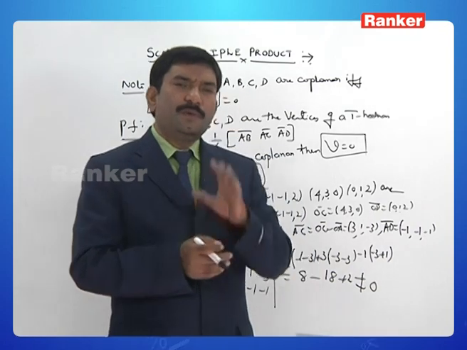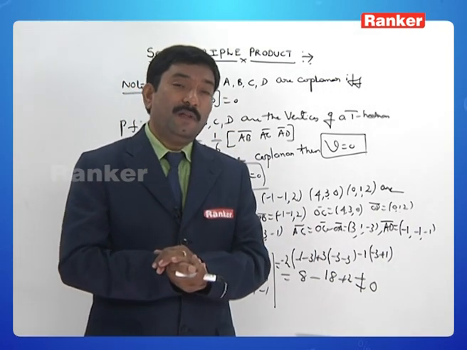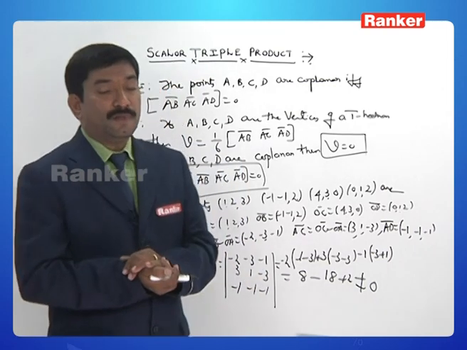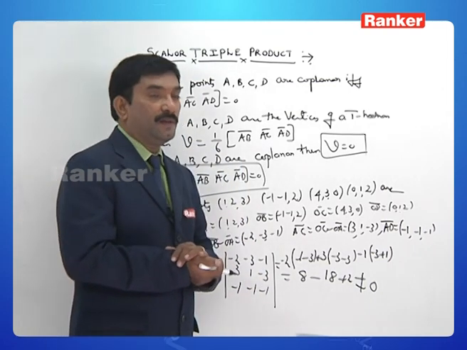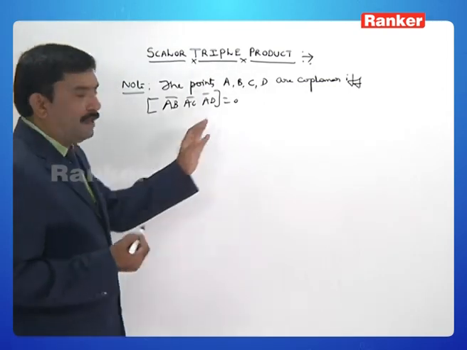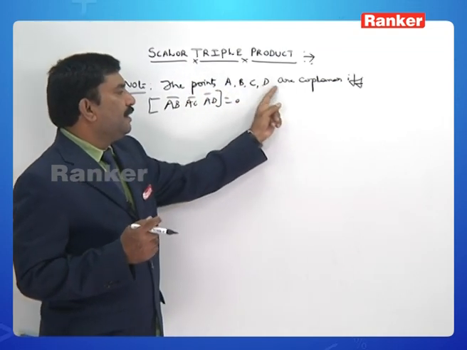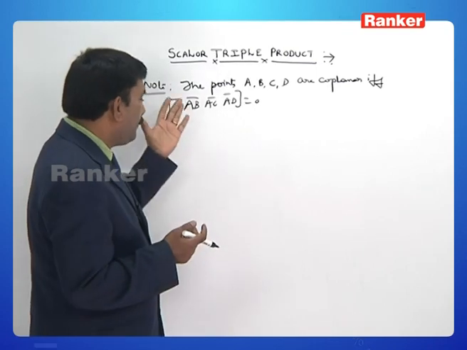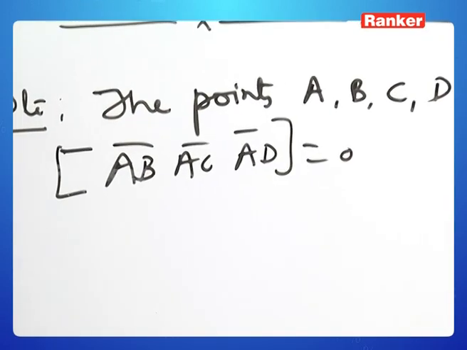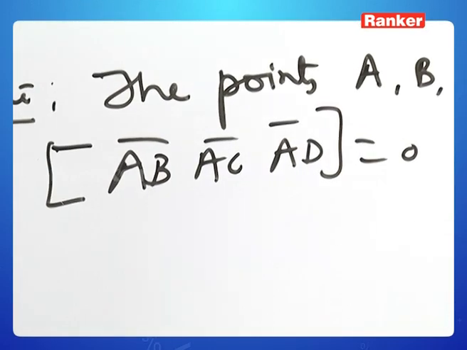With this, we shall also find one important condition for the points to be coplanar in a general form. Under the same condition, the points A, B, C, D are coplanar if and only if box of AB bar, AC bar, AD bar is equal to 0.